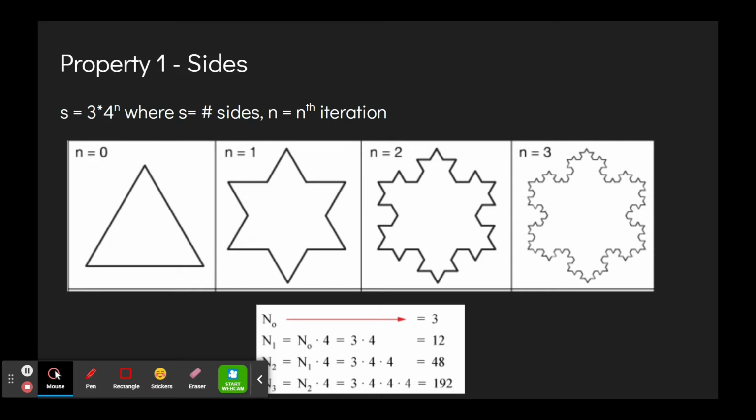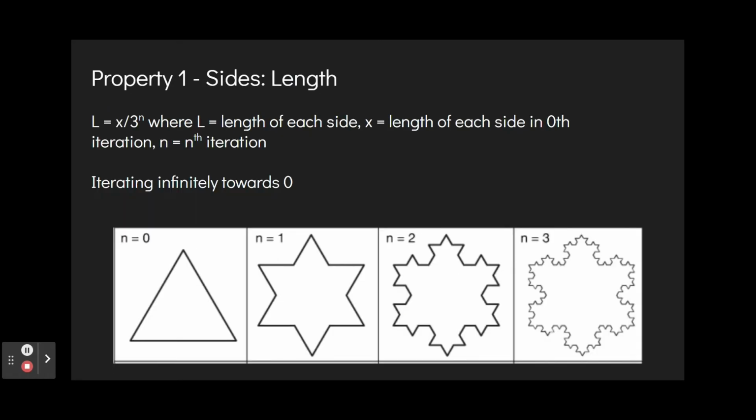For example, in the first iteration, it can be seen that each of the 3 original segments from the 0th iteration turns into 4 distinct but equivalent segments. That's where we get the 3 times 4. Using this equation with the 0th iteration starting at 3 sides, the first, second, and third iterations have 12, 48, and 192 sides respectively.